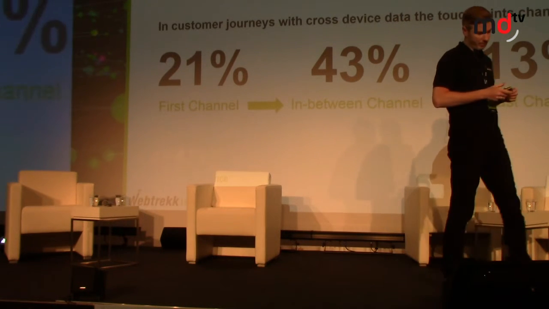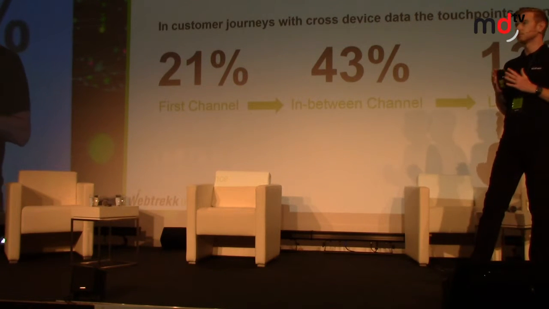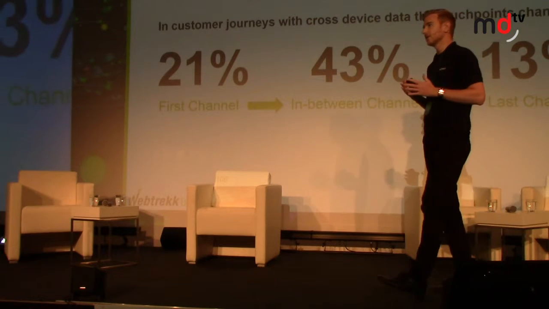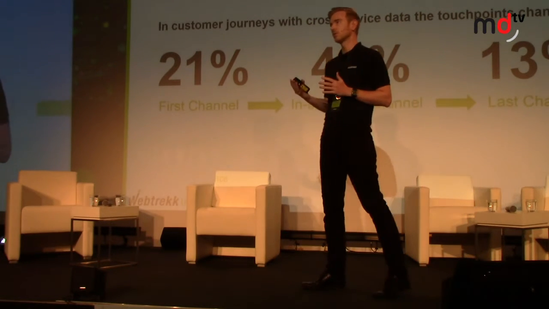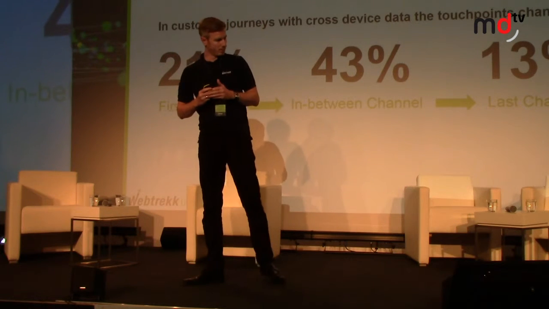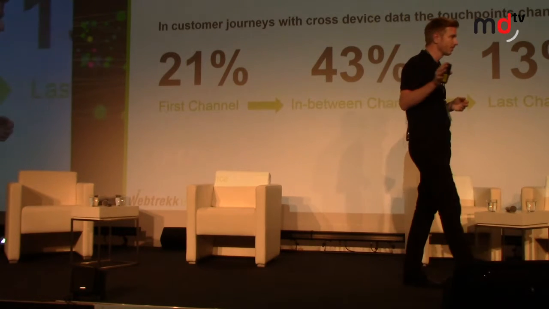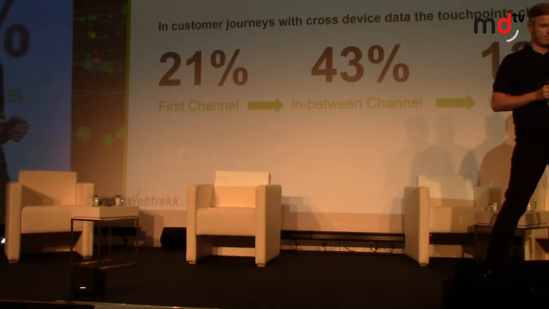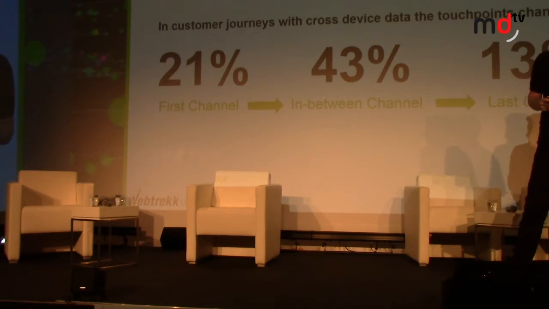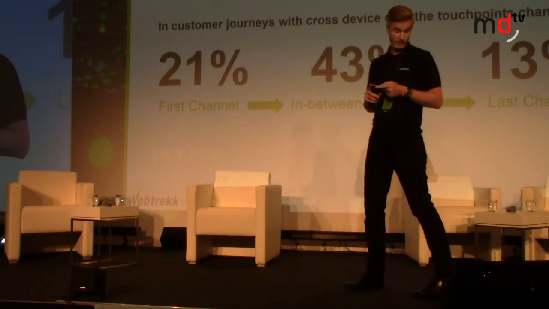So we investigated a bit to better understand what the impact of cross-device data on attribution modeling and customer journey analytics is. And here are some numbers. In around 20% of customer journeys with cross-device data, the first touch point changed. Okay, that's interesting.